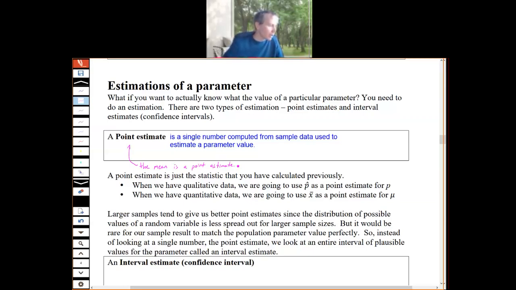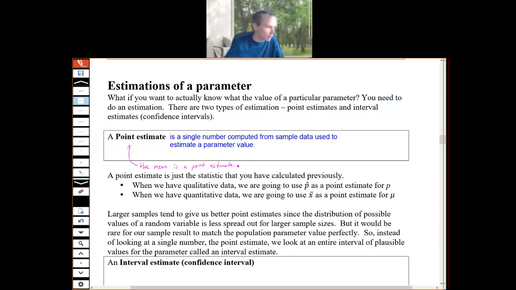So when I say the mean is a point estimate, what I'm saying is, suppose we take the 30 people in our class and look at how long you spend doing your homework. I can get an average for our class. If I then say that the average for all 101 students is that amount of time, then that's using that average as a point estimate for everybody.